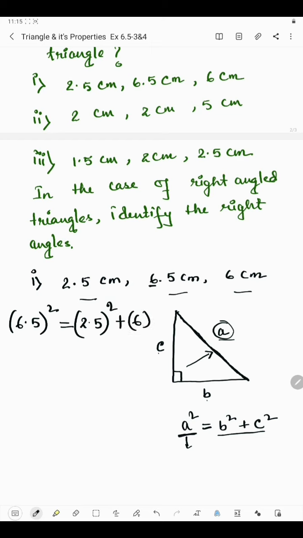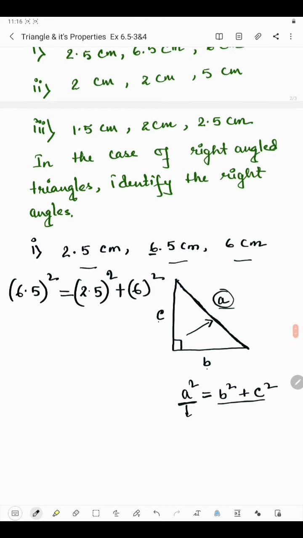According to the Pythagoras theorem, the square of the longest side will be equal to the sum of the squares of the other two sides. Now we'll check whether the value on the left hand side matches with the value on the right hand side or not.